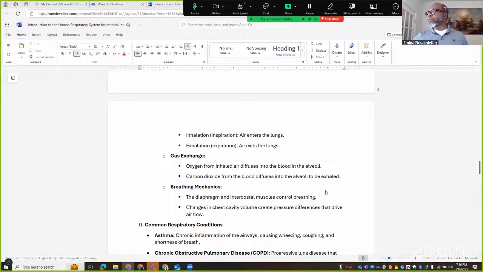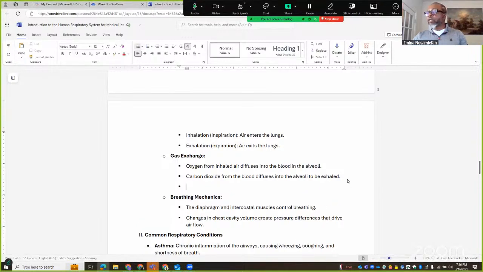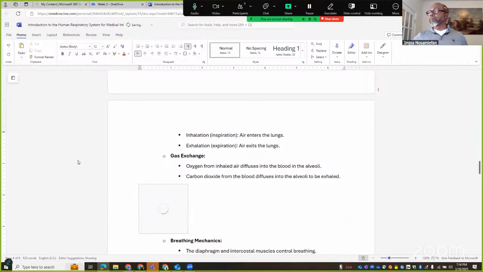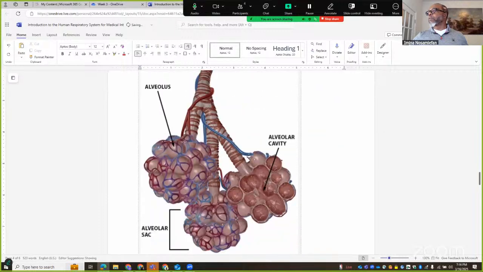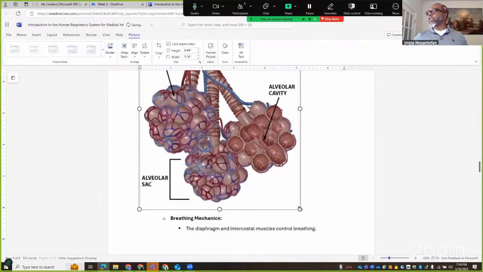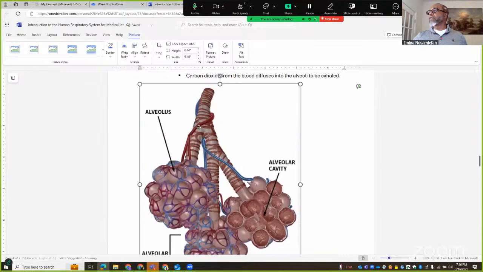So let's look at this. This is what the alveoli look like. Okay, so you can see the capillaries surrounding it, right? This is the artery bringing oxygenated blood. These are the capillaries. Okay, and gas exchange takes place here, and so oxygen flows into the alveoli, and the blood now goes back as deoxygenated blood.